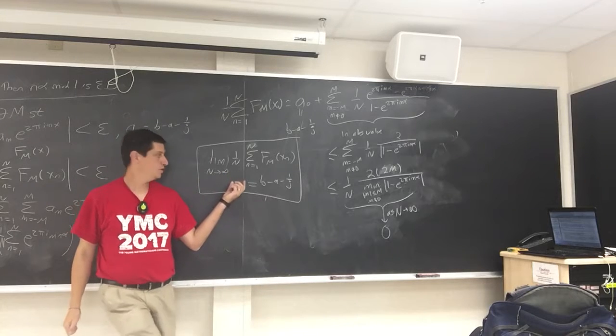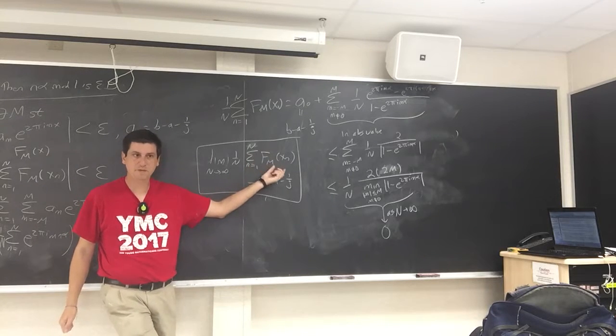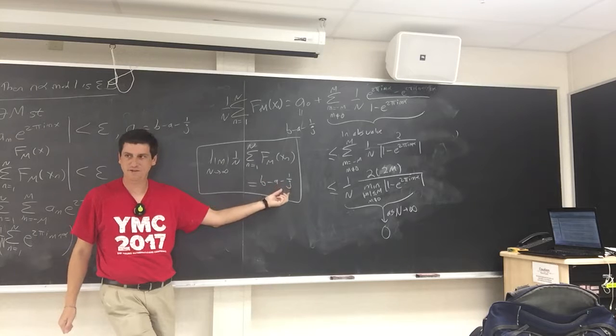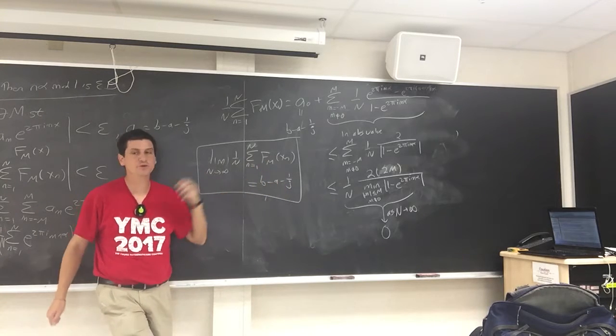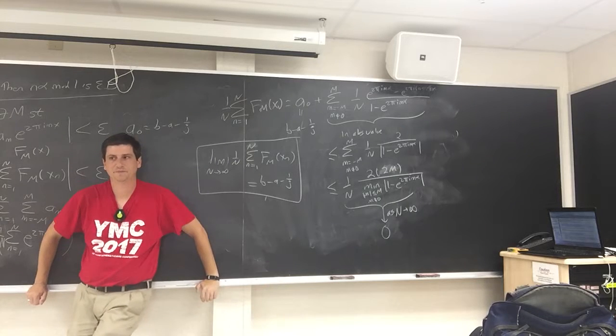Right? We fixed big M, we fixed j, we let big N go to infinity, and this sum goes to b minus a minus 1 over j.